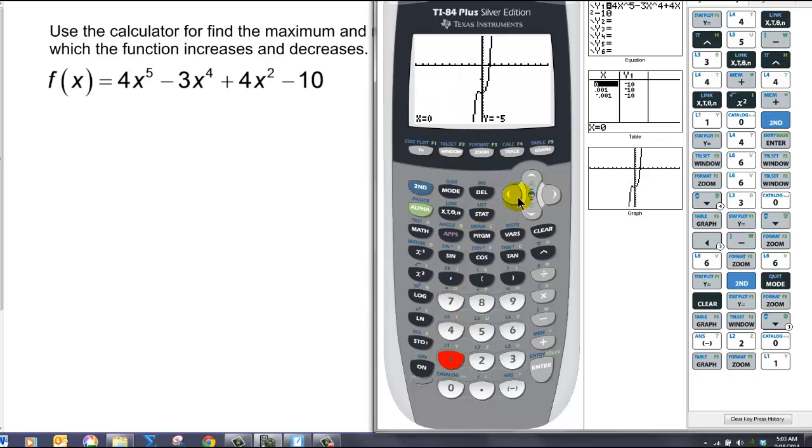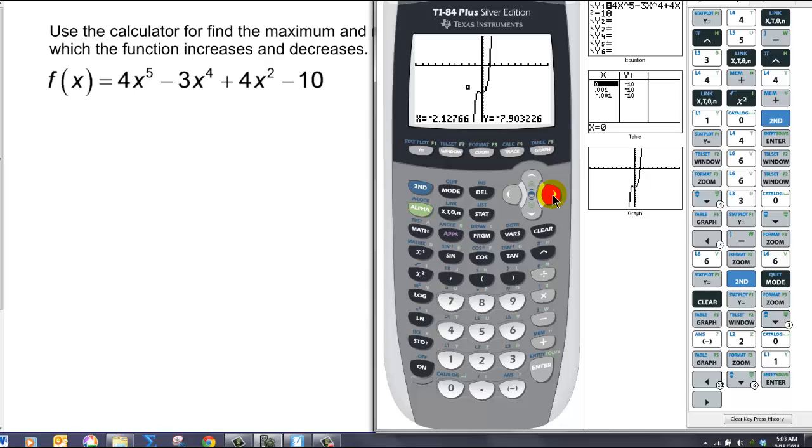What that's going to do is put this little blinky guy up on the screen. And what I want to do is use my arrows to move this blinky guy just to the upper left of what I want to look at in the function. Once I have it right around here, it doesn't need to be the same for everybody, I hit enter, and then I move that blinker to the right, and you'll notice I'm creating a horizontal line.